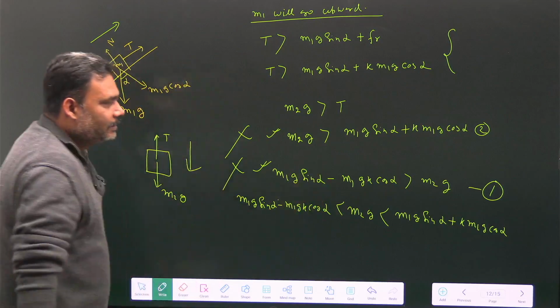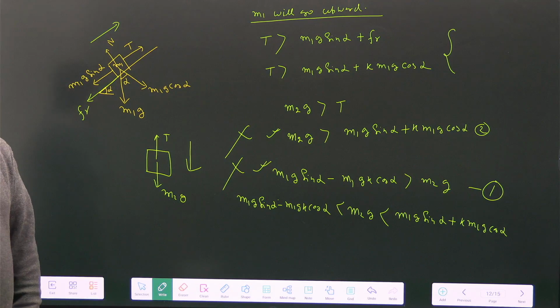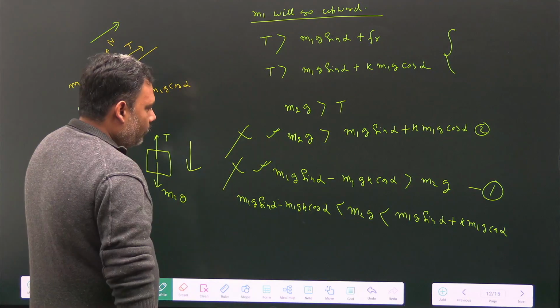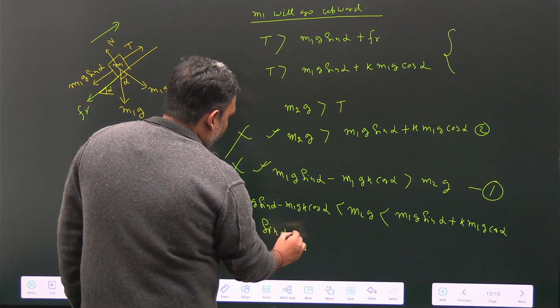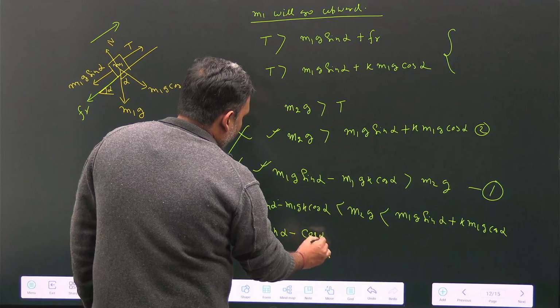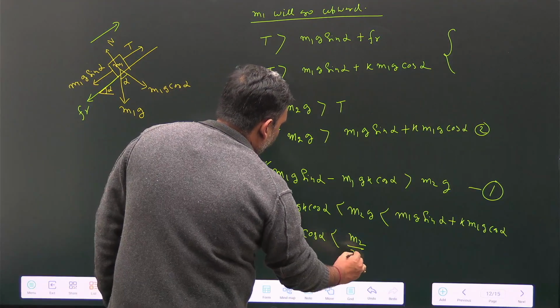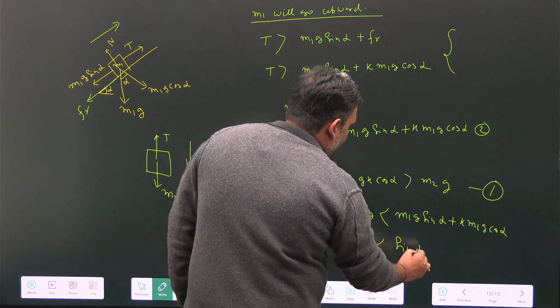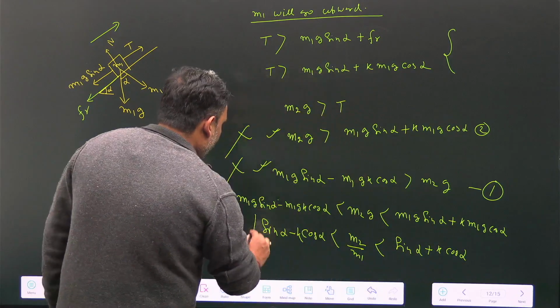And this is your condition where not any particle is going to move. So you can just cancel out and write it in terms of ratio. So sin alpha minus k cos alpha must be less than m2 by m1, which is less than sin alpha plus k cos alpha. So this will be your answer.